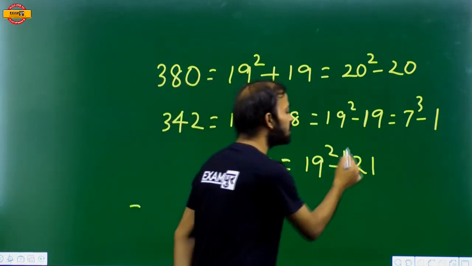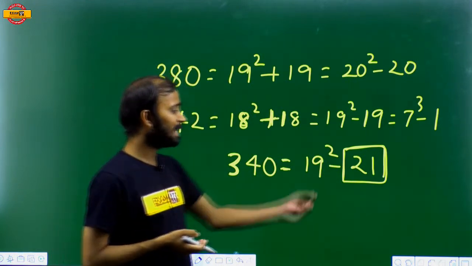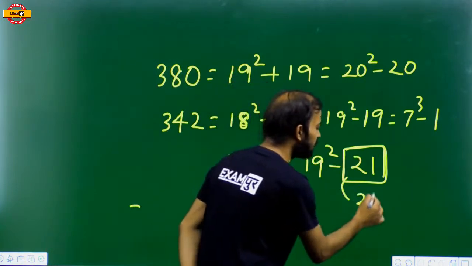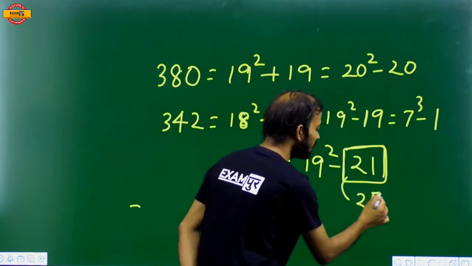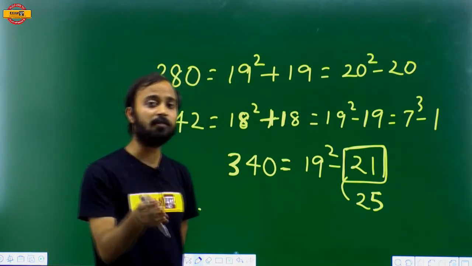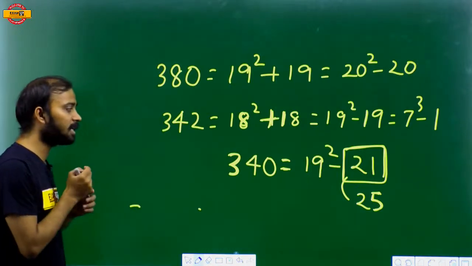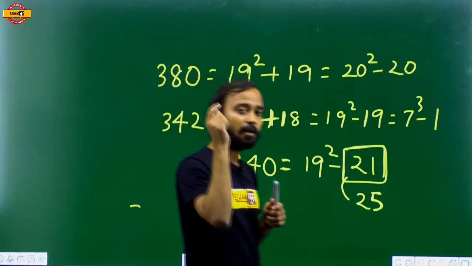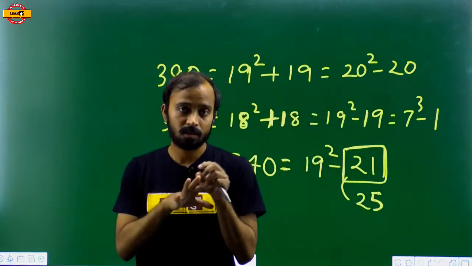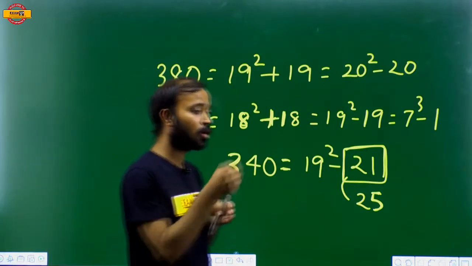No, 21 is not an important number. But in place of 21, if 25 is there, then you can represent 25 as 5 square. Please understand, you can represent any number in the form of squares and cubes, and simply find the answer accordingly.